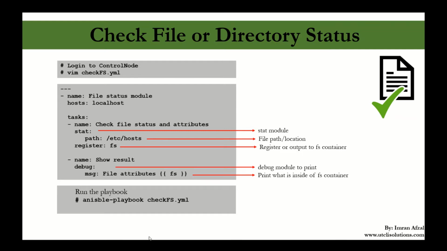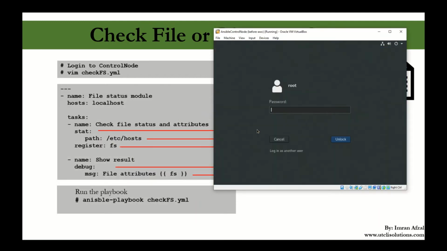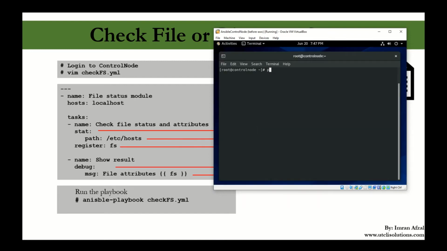Let's create this playbook. So I have my node right here. I'm gonna log in as root. All right, I am in the home directory. I am logged in as, who am I? I'm logged in as root. Okay, so I'll go into etc Ansible playbook. That's where I'm keeping all my playbooks.